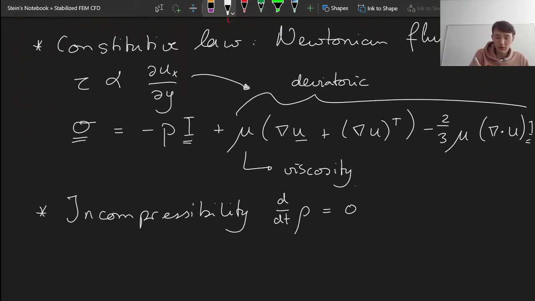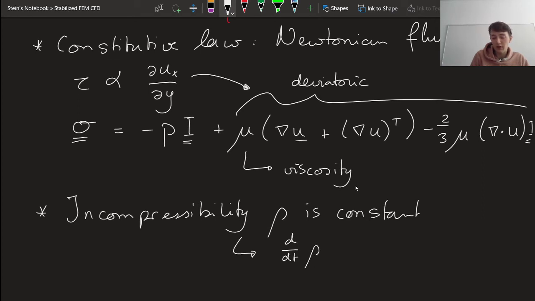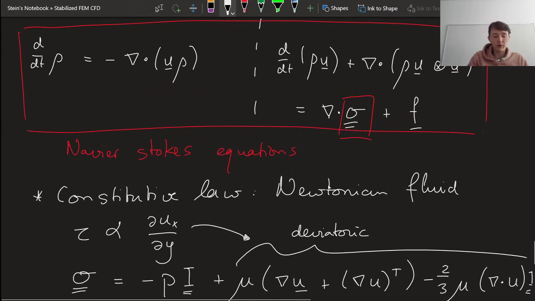Let me say this slightly differently. Incompressibility means that rho is constant, which means that the time derivative of rho is equal to 0. And it also doesn't have any spatial derivatives.